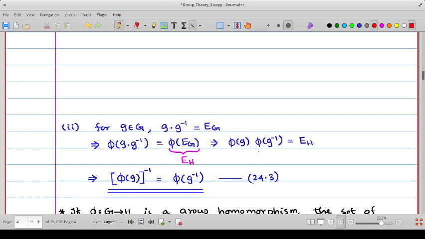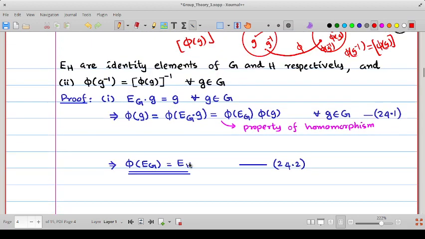So the inverse of phi of G is simply phi of G inverse. And that's the second property that we claimed.